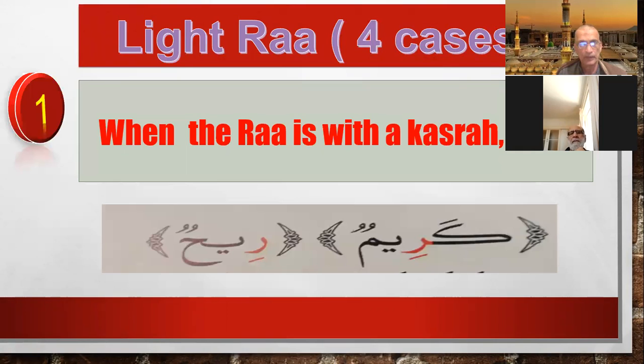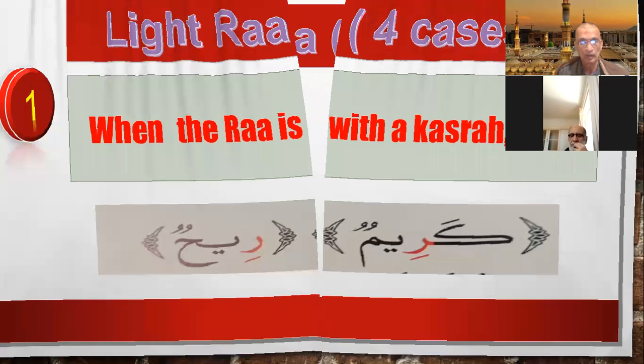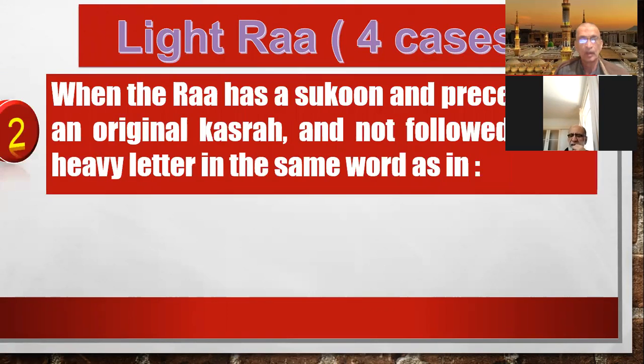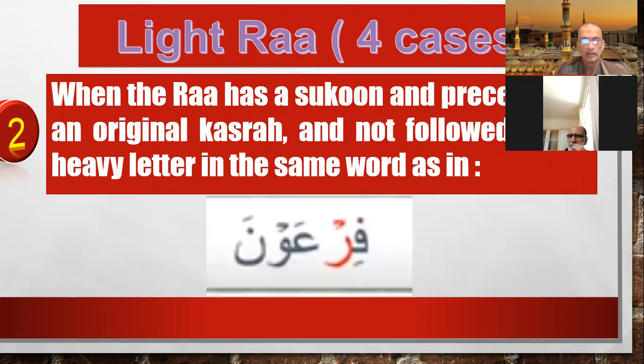Light Ra for cases when the Ra is with a kasra. Number one: when the Ra has a sukun and is preceded by an original kasra and not followed by a heavy letter in the same word, as in Fir'aun.